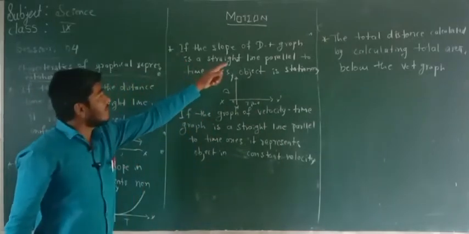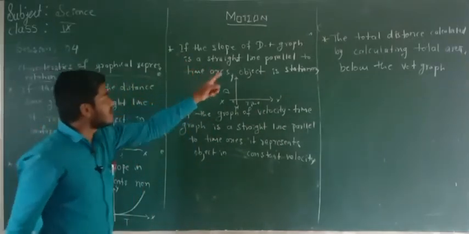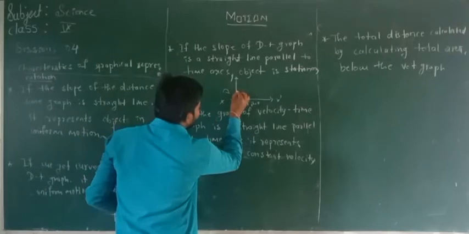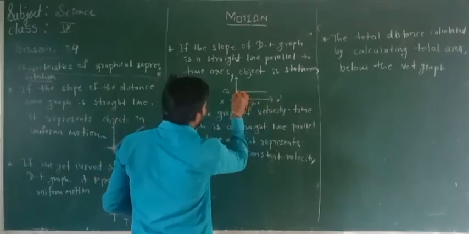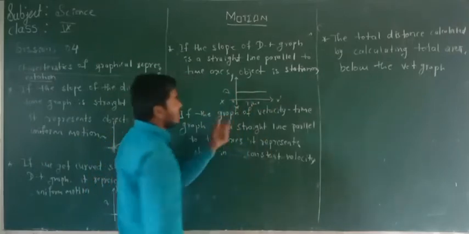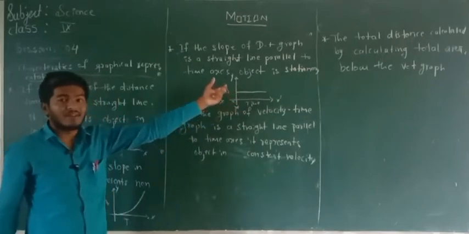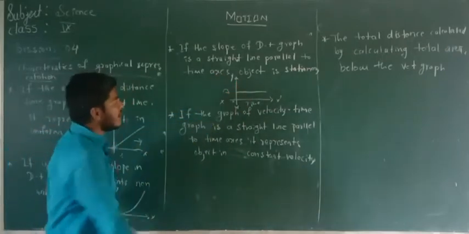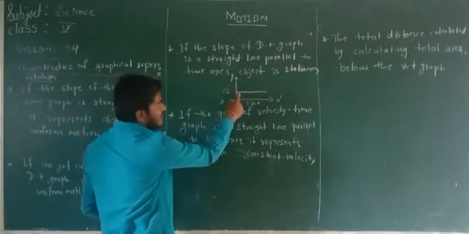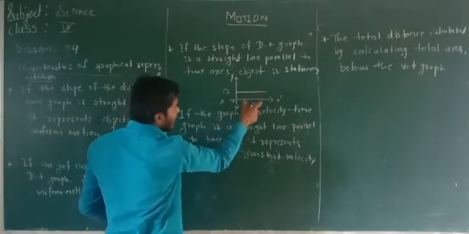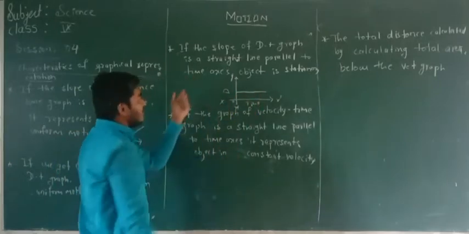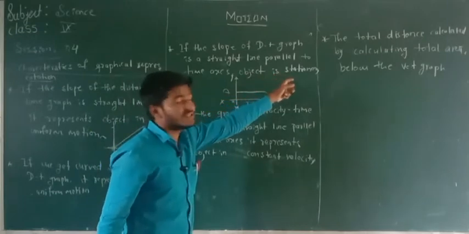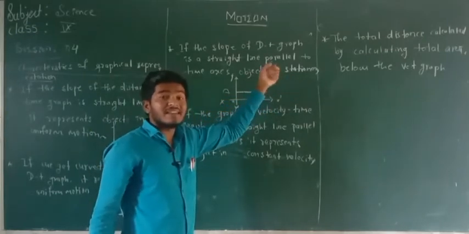If we get this type of graph, that is, the slope of the distance time graph is parallel to the time axis, this represents an object that is stationary.